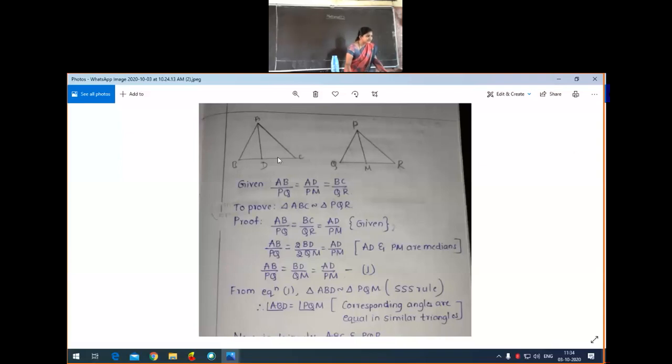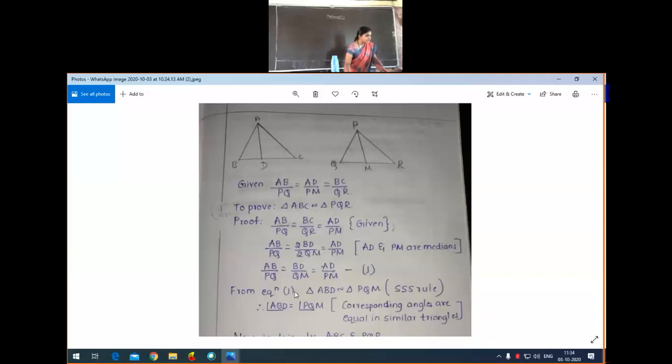BD is equal to CD, so BC we can write as 2 times BD, no? QR we can write as 2QM, which is equal to AD by PM. As it is, we have to take. The reason is AD and PM are medians. Now you cancel this 2 here. Then remaining is AB by PQ as it is, which is equal to BD by QM, that is equal to AD by PM. Take this as equation number 1.